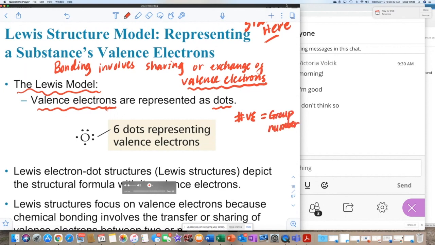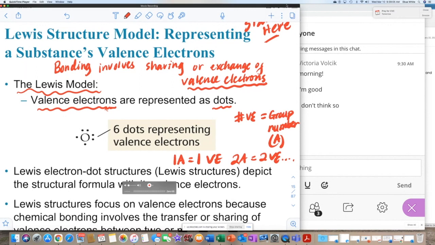So if you want a quick way to know the number of valence electrons in an element, look at the positioning. And when I say group number here, we usually use group A. So if an element is in 1A, it has one valence electron. If it's in 2A, it has two valence electrons, and so on and so forth.